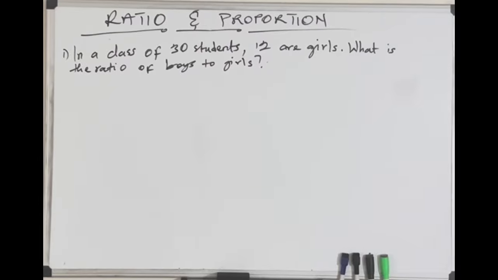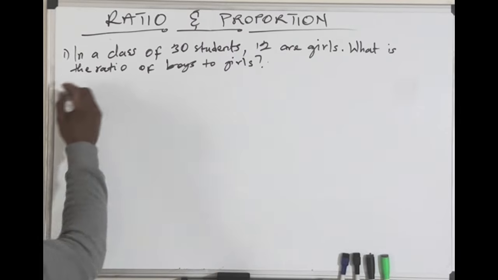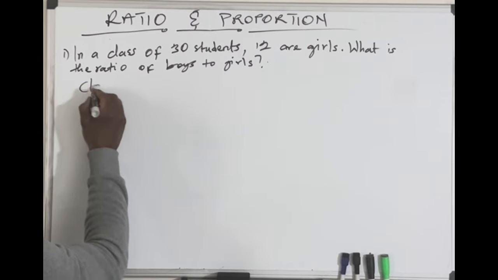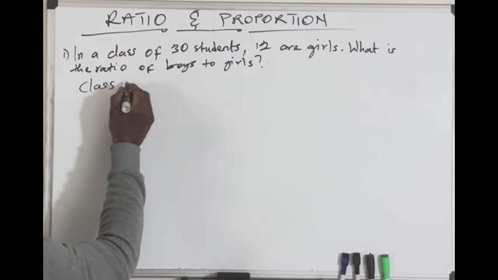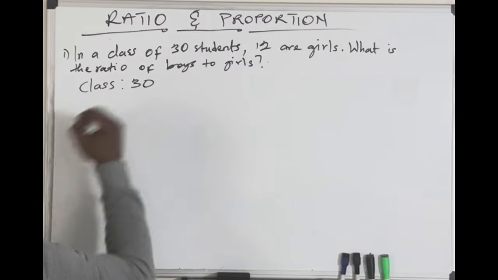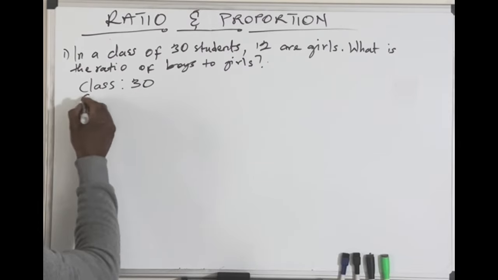Our first example: in a class of 30 students, 12 are girls. What is the ratio of boys to girls? And so we are saying that in a class there are 30 students, okay?